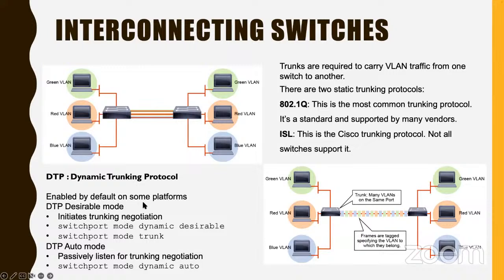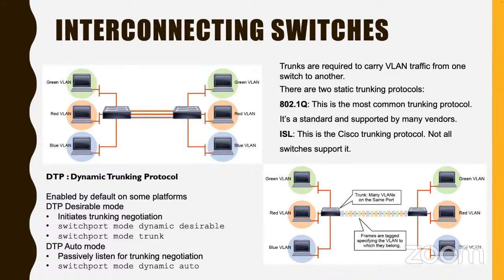Within DTP, there can be two modes: one is desirable, one is auto, and that's how they are configured. Desirable means that I will initiate the trunking negotiation. I will send some negotiation packets to the other side, saying that I want to negotiate trunking with you.